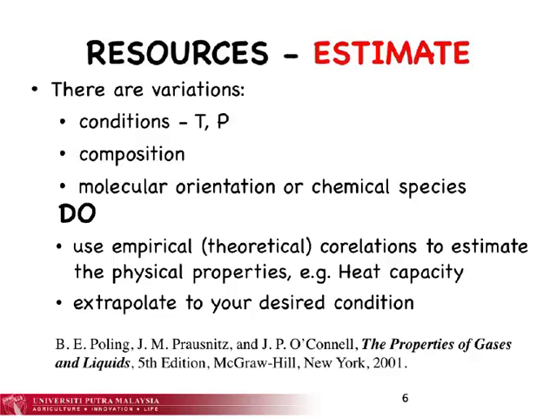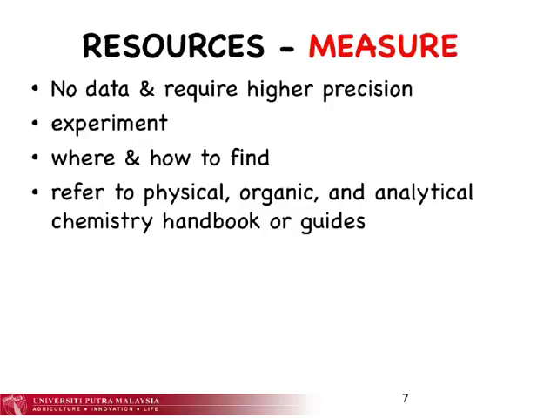A suitable estimation approach will provide us with estimates on the physical properties of the chemicals in a specific system when there is no data available. We can then further extrapolate them to the conditions we are working with. When there is no data available or when you require a much higher precision, the next resource available is to measure the physical properties by yourself via an experiment.